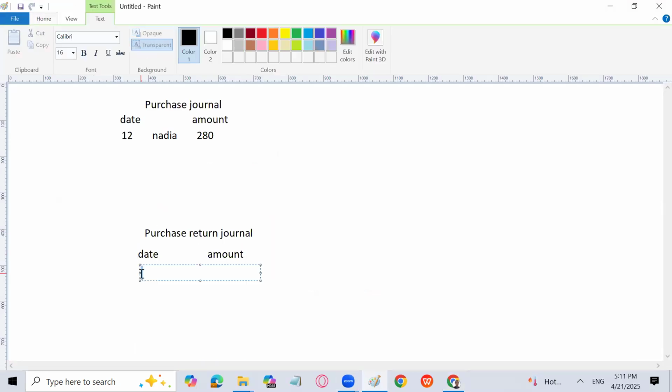I will write 14, and the name will be Nadia, obviously. And 80 is the price, but I will not write 80, because 20% is the trade discount, which will not be shown in the books of accounts. So 80 into 20% becomes 16. 80 minus 16 becomes 64. So this is how we are done with this.